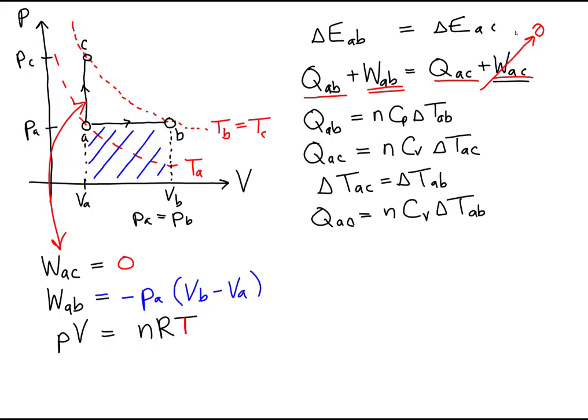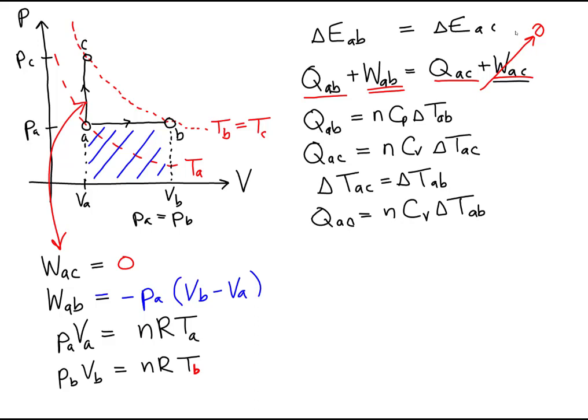So the product of pressure and volume for state A is equal to nRTA, and for state B it is equal to nRTB.